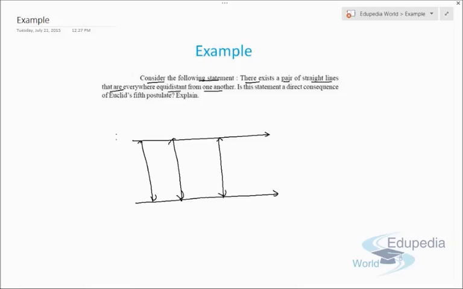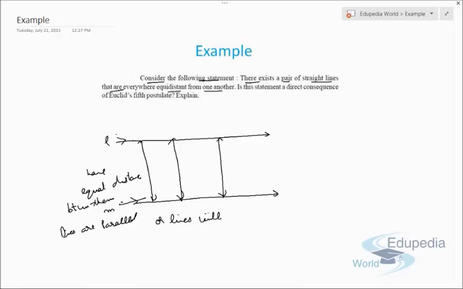Yes, you can say that this is a direct consequence. Why? As we discussed in the previous slide also, if these two lines, line L and line M, have equal distance between them, then the lines are parallel, or the lines will never intersect.